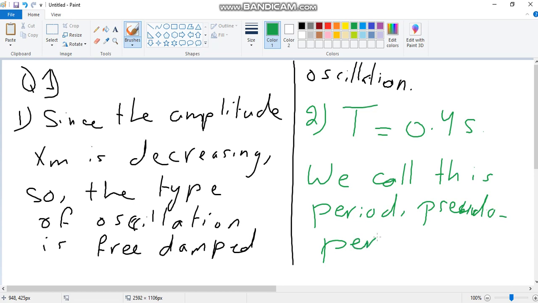We call it a pseudo period because T equal to 0.4 second means a state is repeating after 0.4 second, since we have free damped oscillation. This is for part 2. Now we move to part 3.